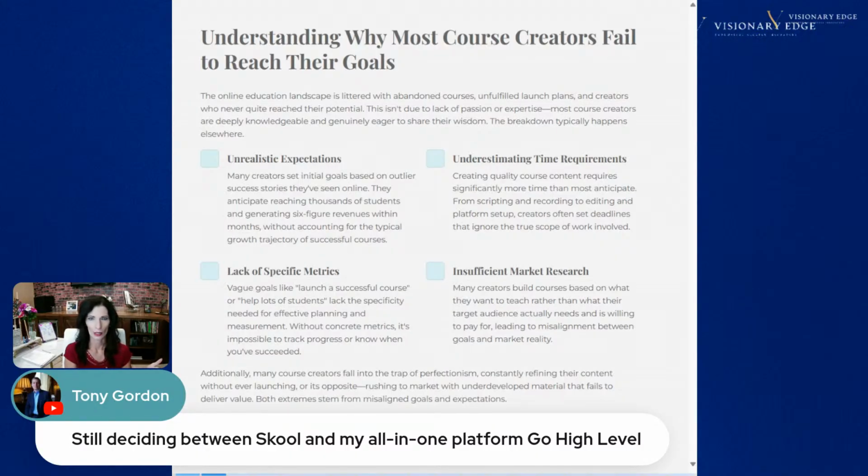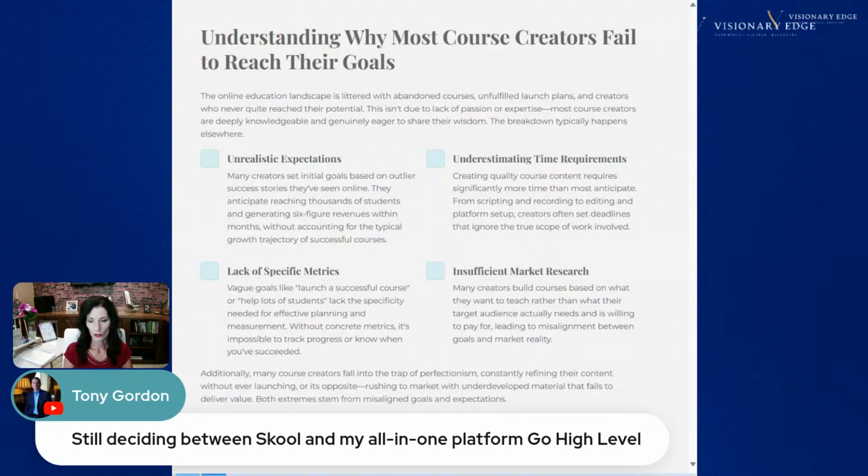You're going to need to sell at least 10 spots, for example. So looking at that, knowing what your realistic expectations are, rather than anticipating reaching thousands of students and generating six-figure revenues within months, without accounting for the typical growth and trajectory of successful online courses.